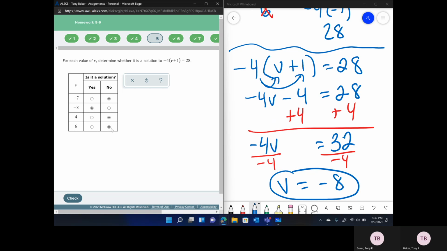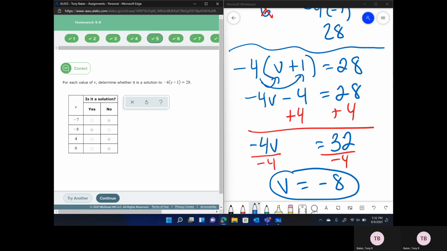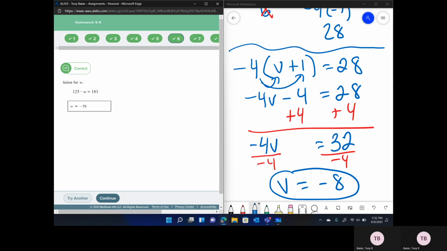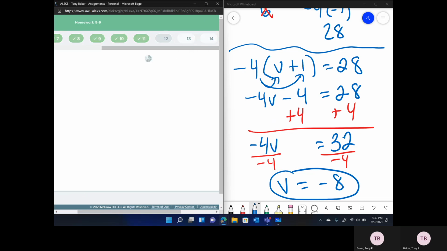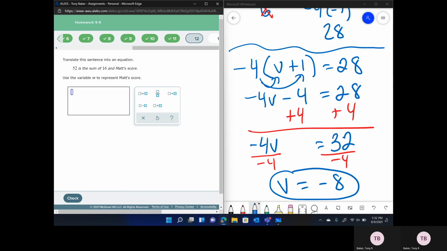If you solve it and you plug them in and none of them come out to be right, that is possible. Yeah, they like to trick you sometimes. It doesn't happen often, but I'm giving you the warning because I don't want you to go, wait, why did I get this wrong? There's no answer. It can happen.